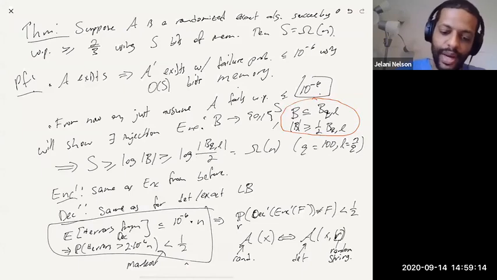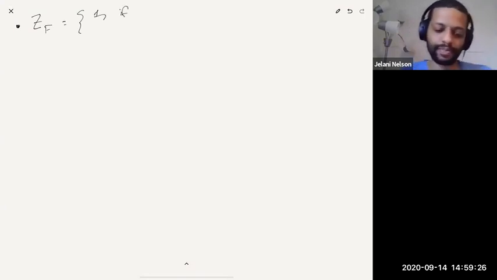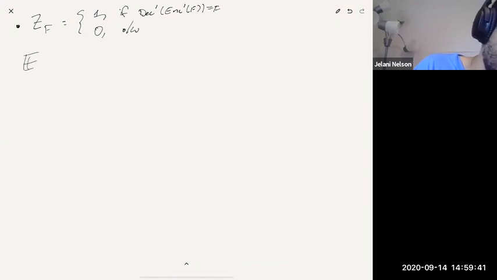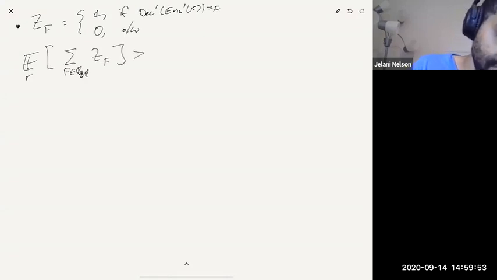Okay. So now what I can do is define indicator random variables. Let's define Z_F is 1 if the decoding prime of the encoding prime of F is equal to F and 0 otherwise. And what I know now is the expectation over R of the sum over all F in BQL of Z_F is bigger than BQL over 2 by linearity of expectation.